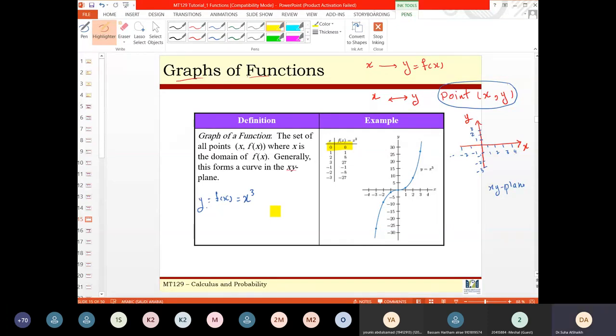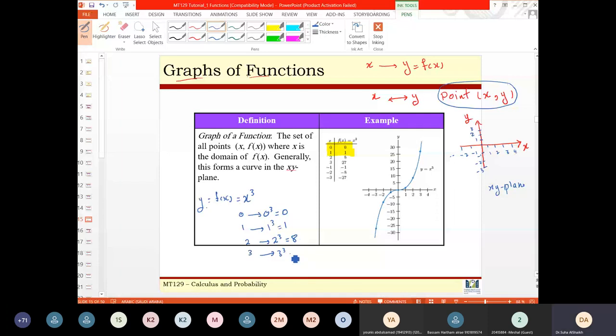At the 1, what's 1 to the power 3? The 0 will go to 0 to the power 3, which is 0. The 1 will go to 1 to the power 3, which is 1. The 2 will go to 2 to the power 3, which is 8. The 3 will go to 3 to the power 3, which is 27.